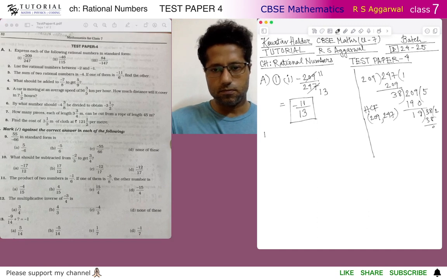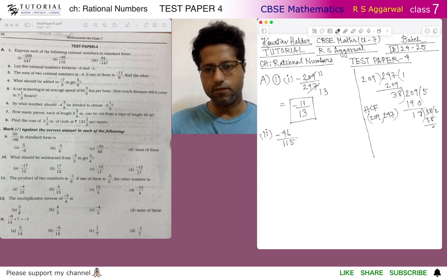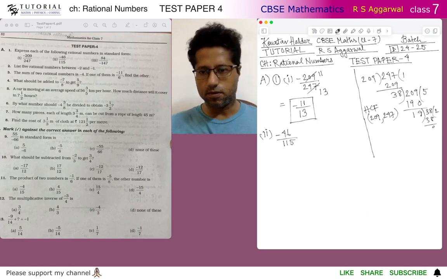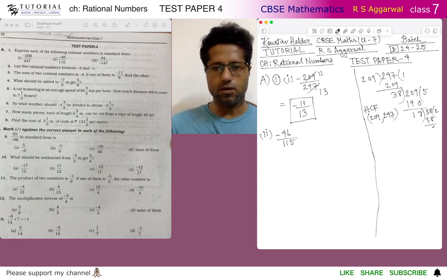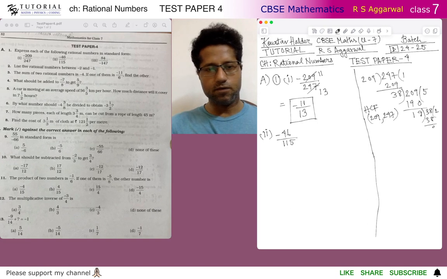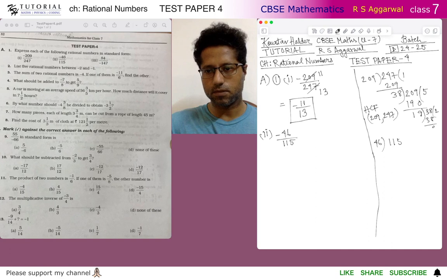Let's do part 2, minus 46 by 115. The denominator is already positive. Now we have to see whether there is any common divisor between the numerator and the denominator. So let's find out the HCF of 46 and 115.